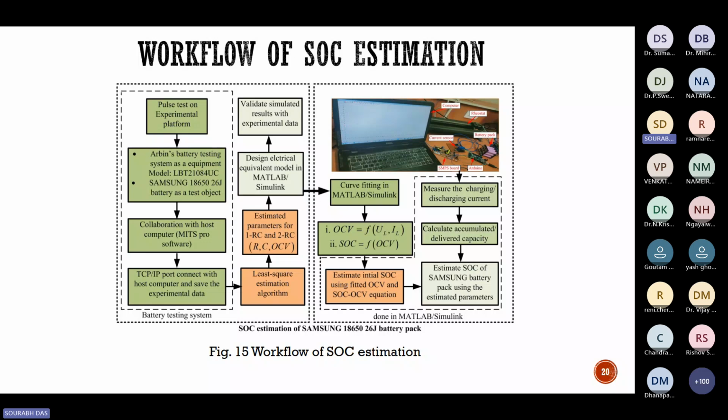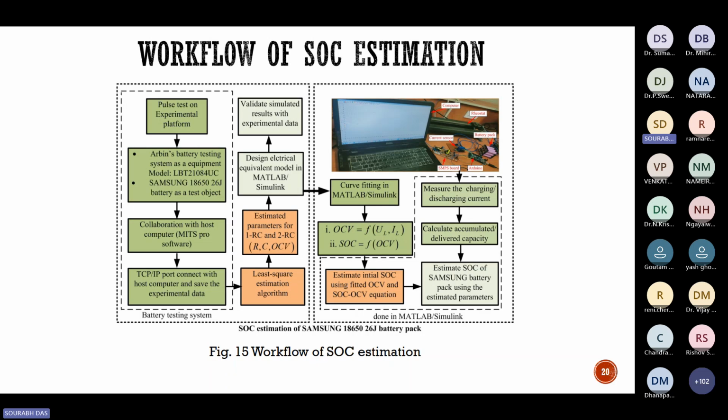The ECM model parameters like resistance, capacitance, and OCV were estimated using the least square estimation algorithm, with SOC expressed as a function of terminal voltage, and SOC represented in terms of OCV.